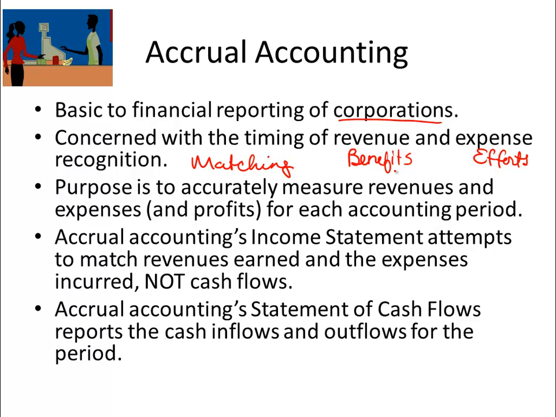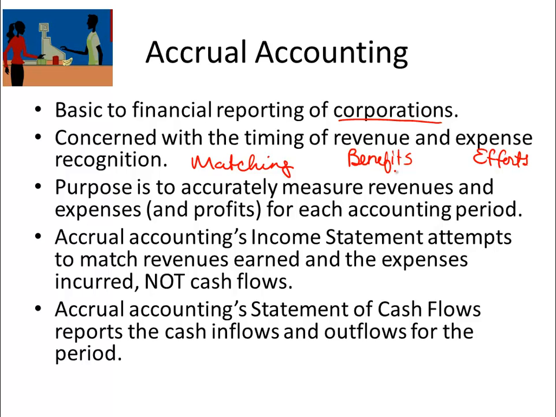And it's very important when we do the timing of our revenues and expenses that we only include in this period of time those revenues that are earned during the period and match the expenses that were incurred against those revenues for that period of time.